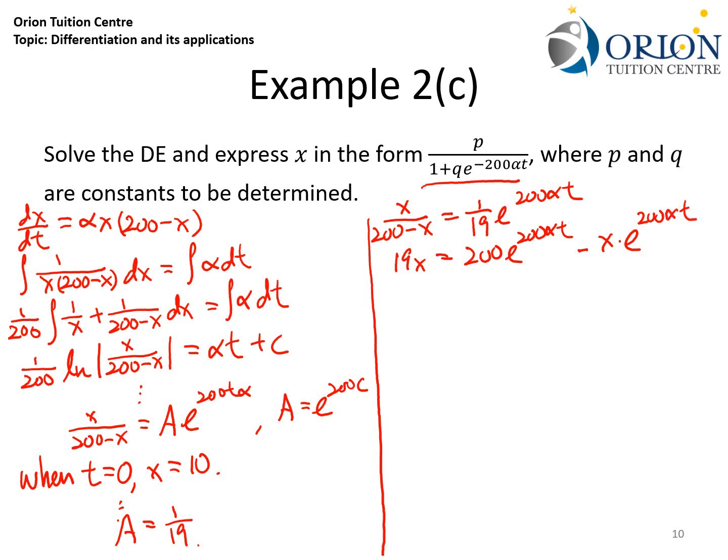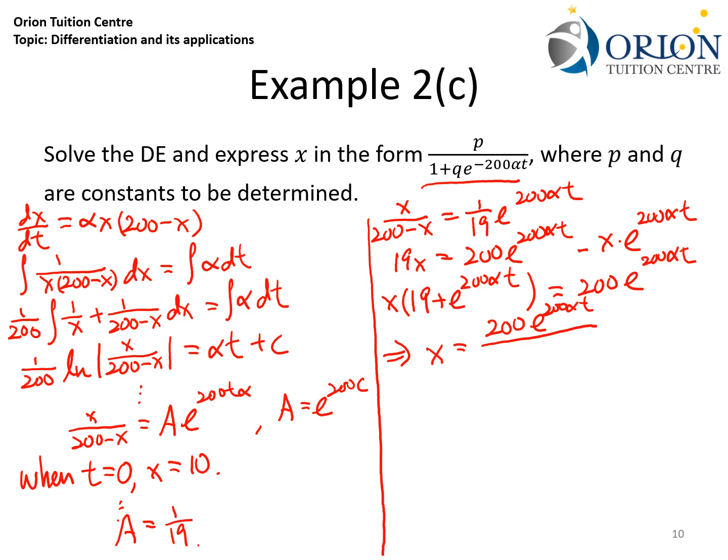Now if I consolidate all the x terms together, I'll get x times 19 plus e to the power of 200 alpha t equals 200 e to the power of 200 alpha t. And therefore, I can rewrite x as 200 e to the power of 200 alpha t divided by 19 plus e to the power of 200 alpha t.